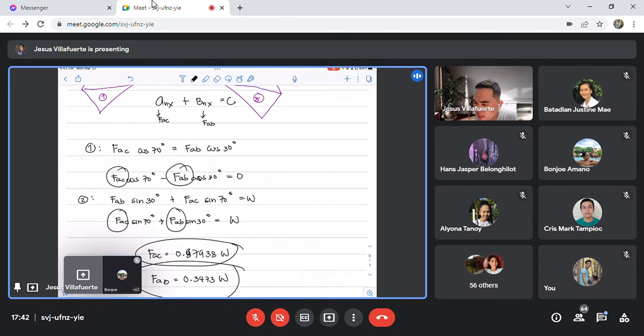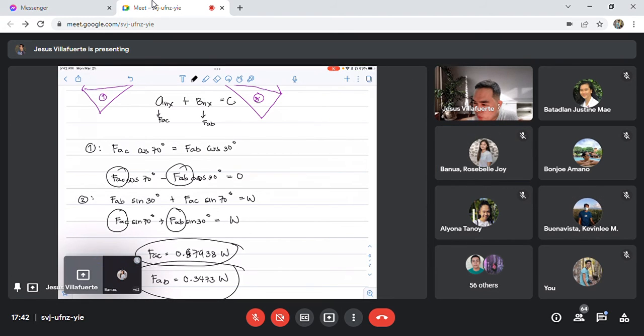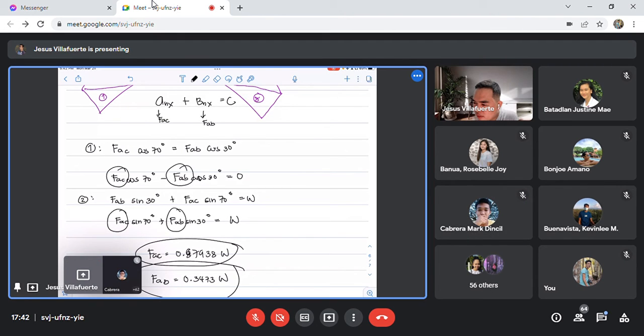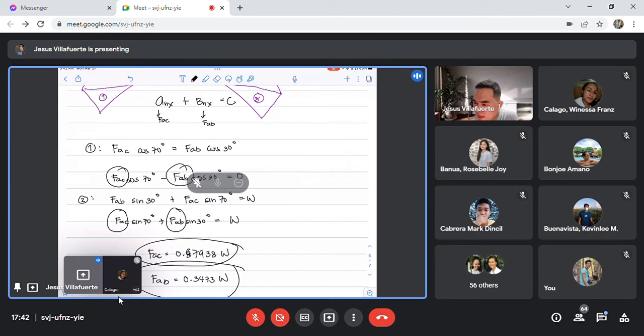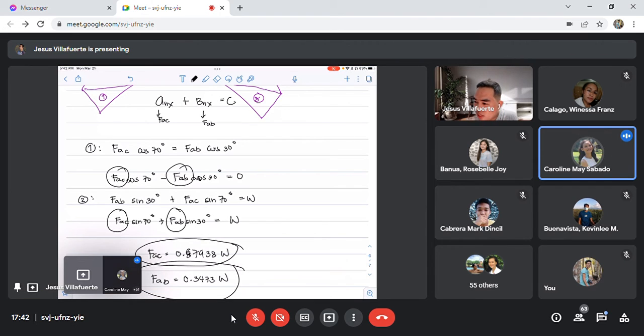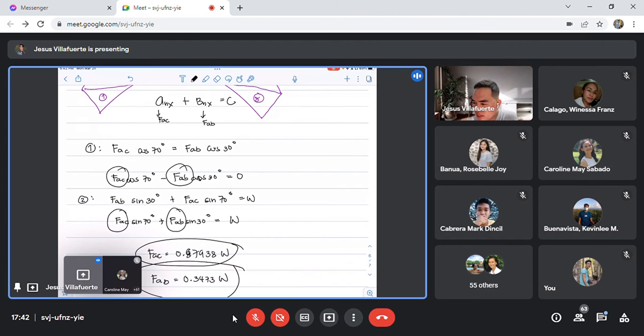Kevin Lee, present, sir. Mark Dinsel Banwa, present, sir. Cabrera Magdinson, present, sir. Wenisa, present, sir. May Sabado. Caroline May Sabado, present.